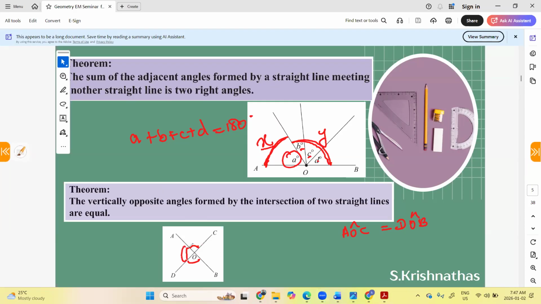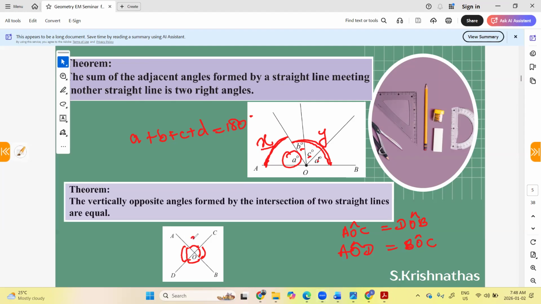Then this angle, AOD equal to BOC. Okay, right? How to prove this vertically opposite angles equal theorem? How to prove?